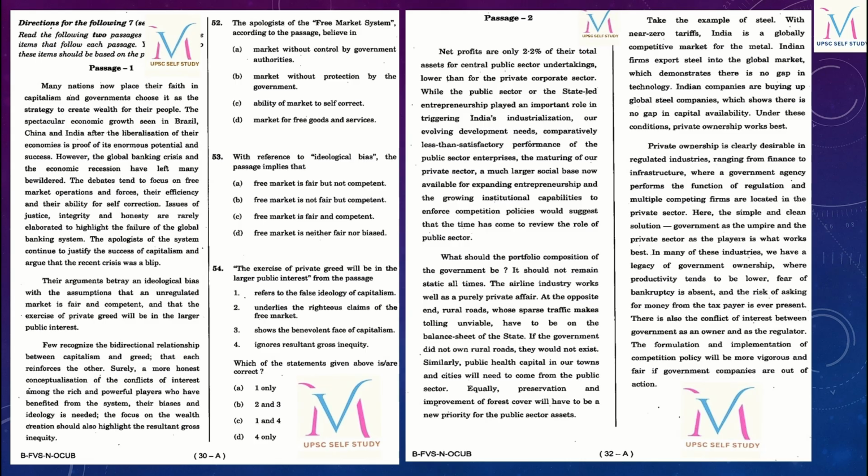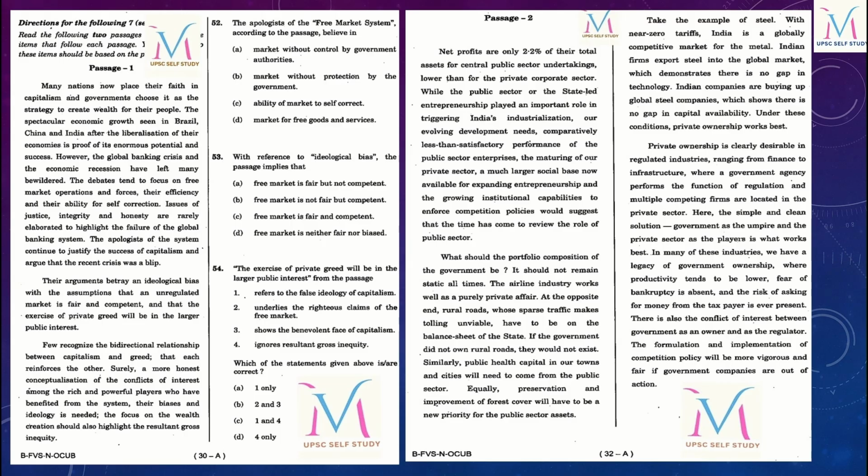The abolition of the free marketplace, according to the passage, believes in: A, market without control by the government authorities; B, market without protection by the governments; C, ability of markets to self-correct; D, market for free goods and services.